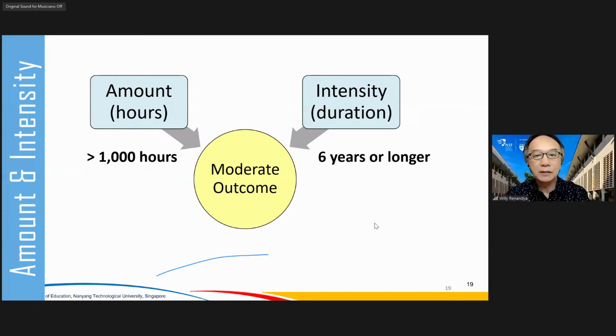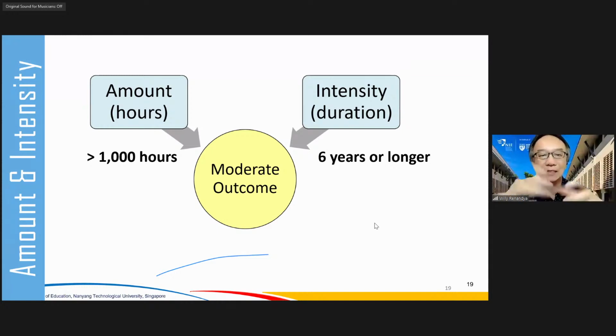But the second consideration is the intensity, the duration, how long. 1,000 hours over 6 years, that is just way too long. There's no intensity. So you spend one whole year teaching them, and the following year you have to repeat the same thing because the students will have forgotten. In year number 3, nothing is left.